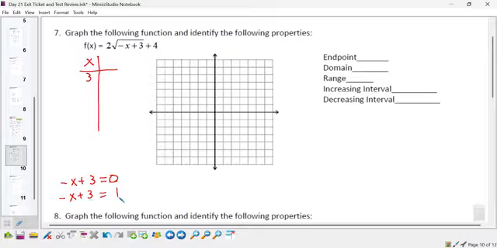Subtract the 3, divide by negative 1. Subtract the 3, divide by negative 1. Subtract the 3, I would get 6, divide by negative 1.